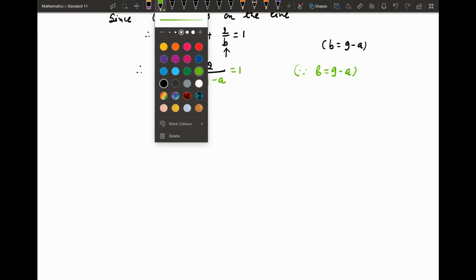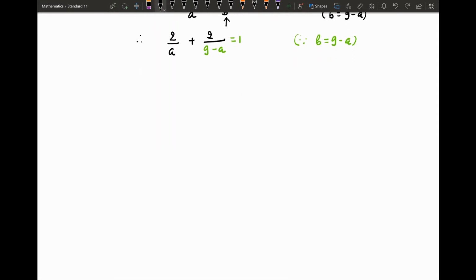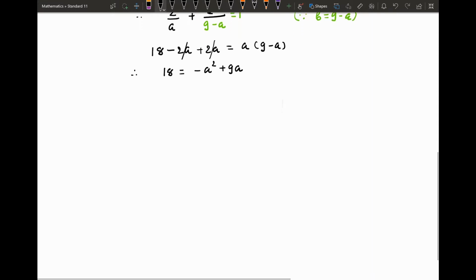Now let us solve this equation. Taking cross multiplication, 18 minus 2a plus 2a equal to a into 9 minus a. Again we simplify. So 18 equal to minus a square plus 9a. This is quadratic equation.